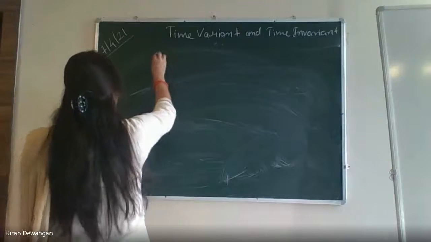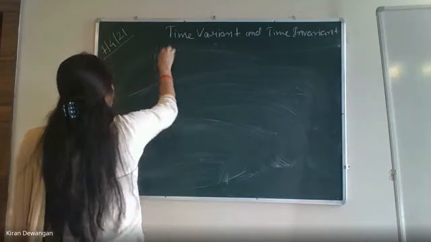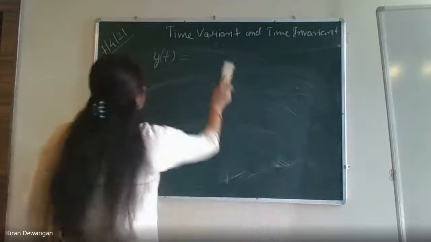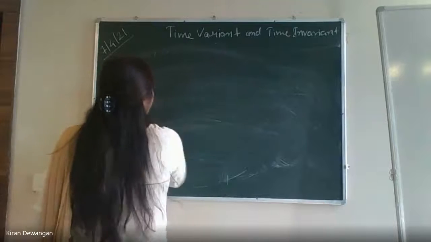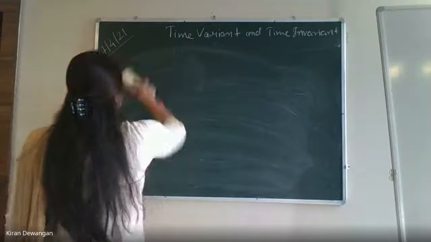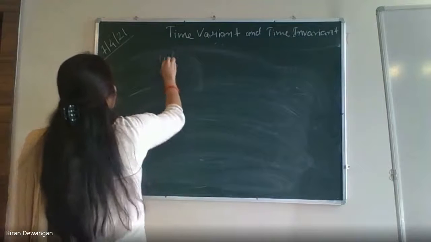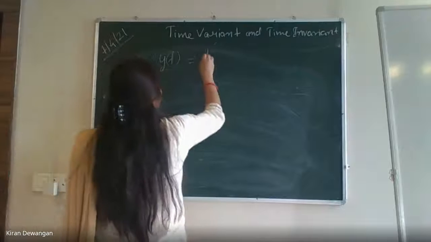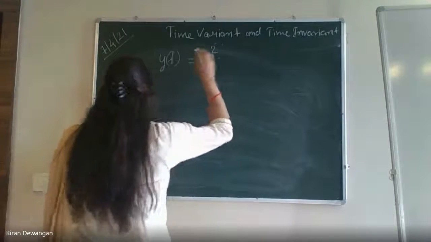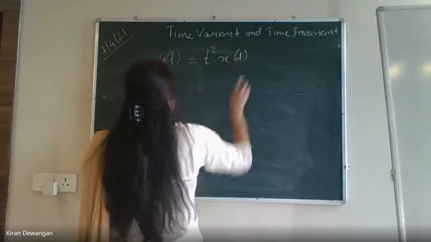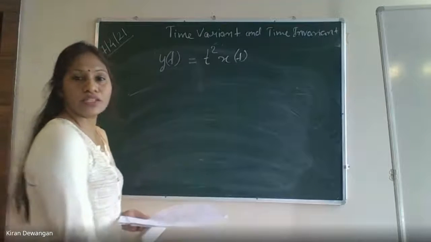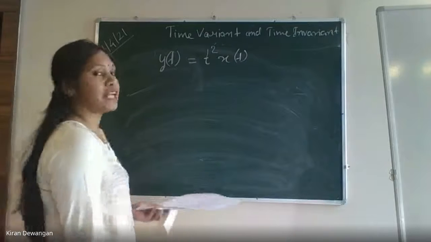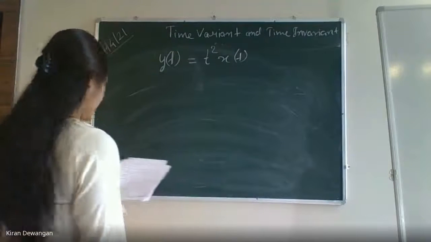Now let us say y(t) equals t square x(t). So we have to check whether it's a time variant system or time invariant system.